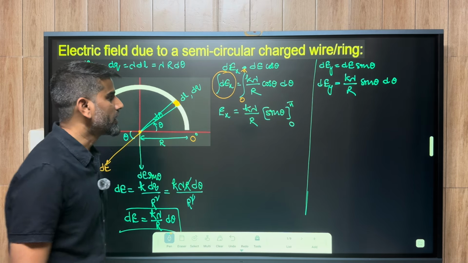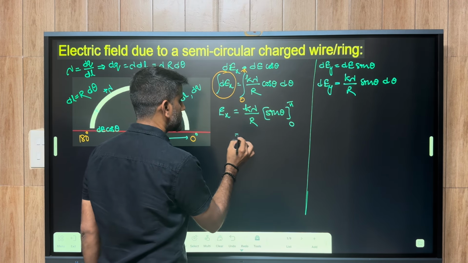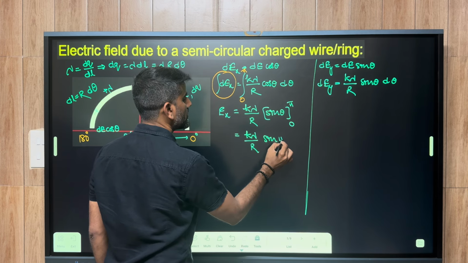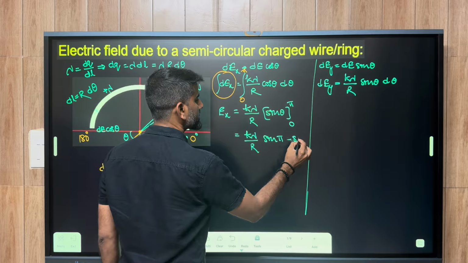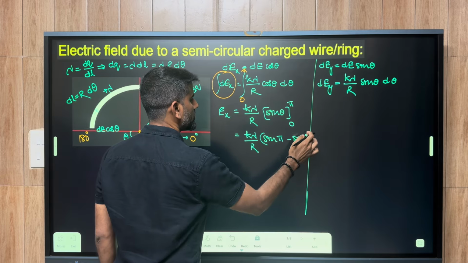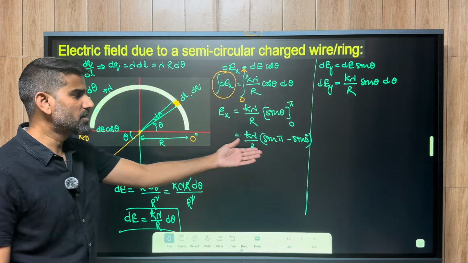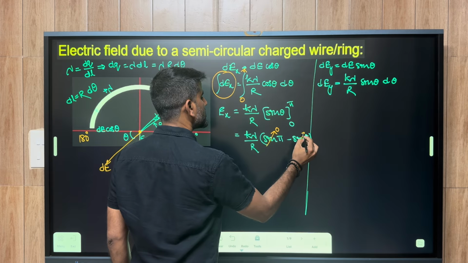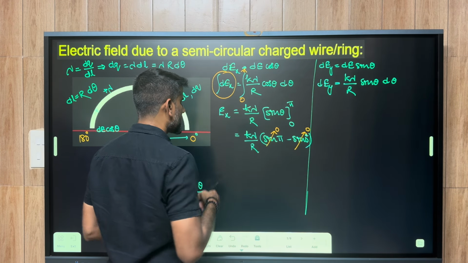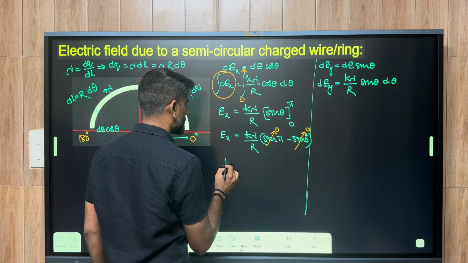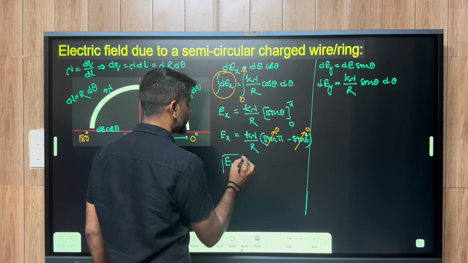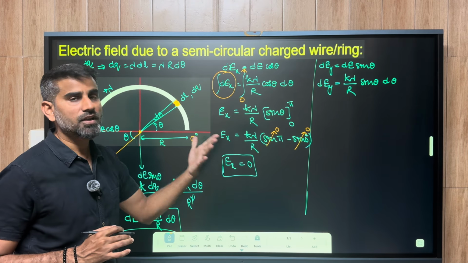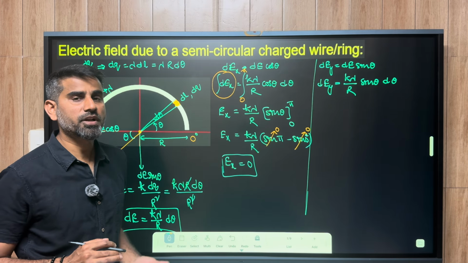Substituting, k lambda by r times (sin pi minus sin 0). It may be degrees or radians, sin pi is 0 and sin 0 is 0. So Ex is equal to 0. This is one very good result: the x component of the electric field is 0.